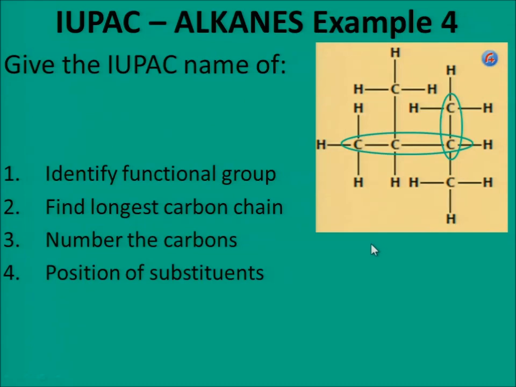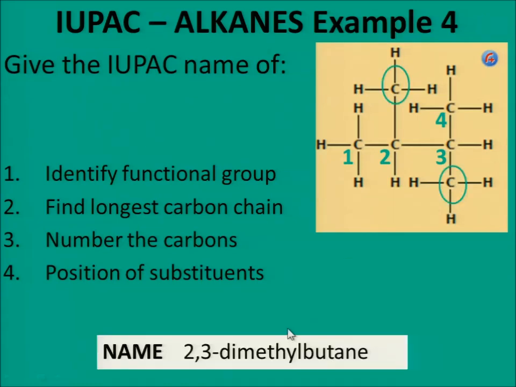Now you have to number the carbons. 1, 2, 3, 4. You have a methyl substituent at carbon 2 and a methyl substituent at carbon 3. So the name would be 2,3-dimethylbutane. 1, 2, 3, 4 carbons.